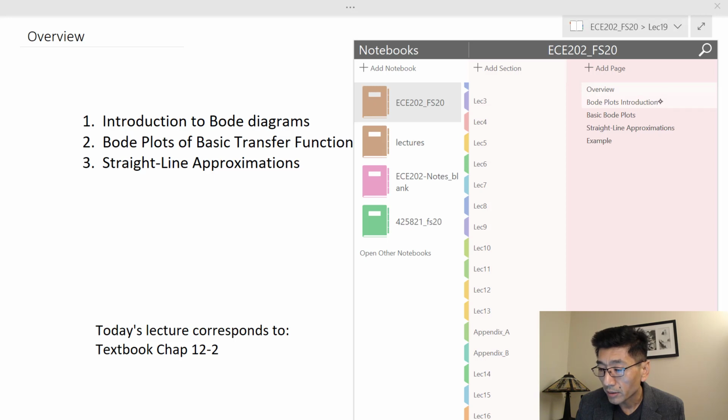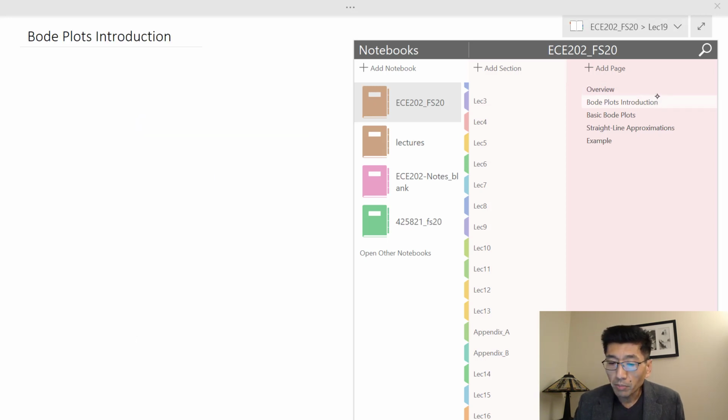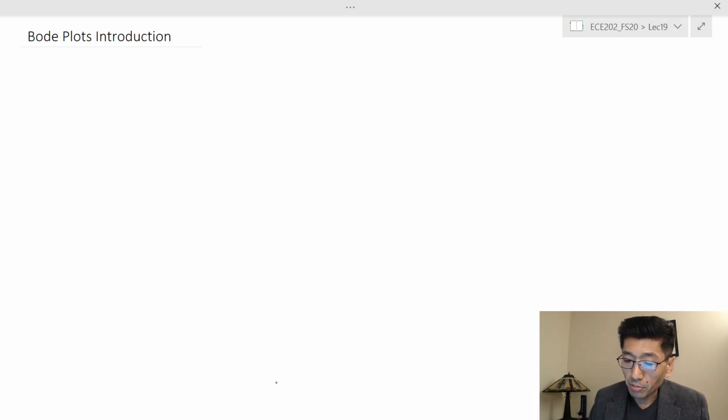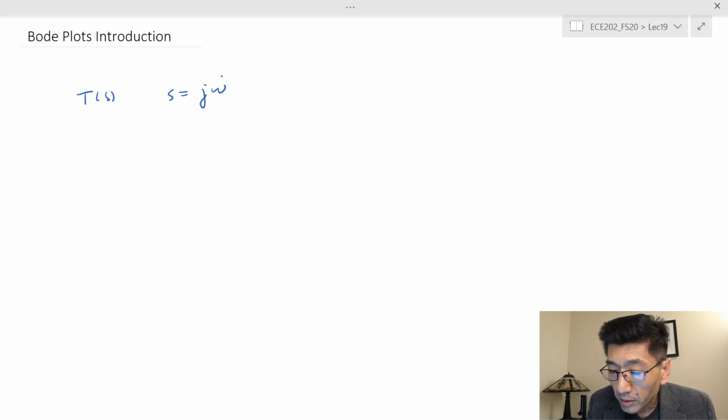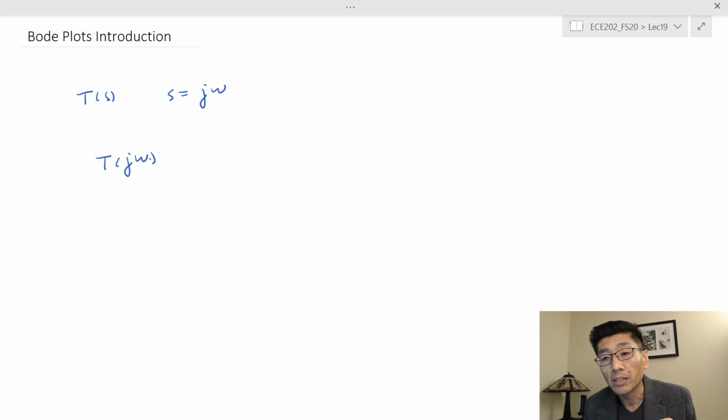So let's get started. The Bode plot is really a very simple concept, right? If we have a transfer function T(s), we're going to replace s by j omega. The reason we look at this function is that it has a lot of information about what the system can do to a sinusoidal input, to get the sinusoidal steady state output.